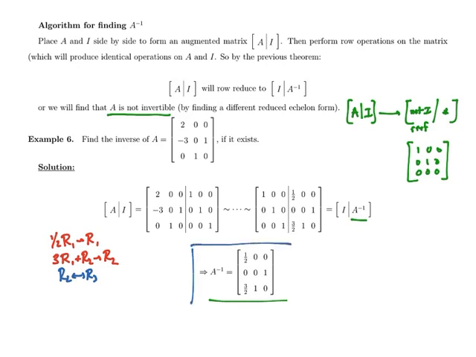Again, this is an algorithm for finding the inverse of a matrix, which will be very useful in a lot of different ways. Notably, one way is to find solutions to equations, but we're also going to use the inverse a lot more in this course.